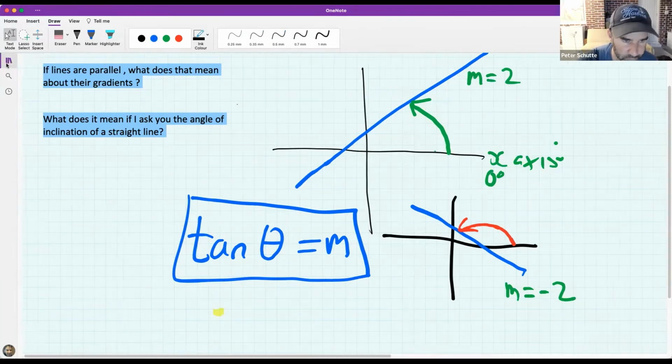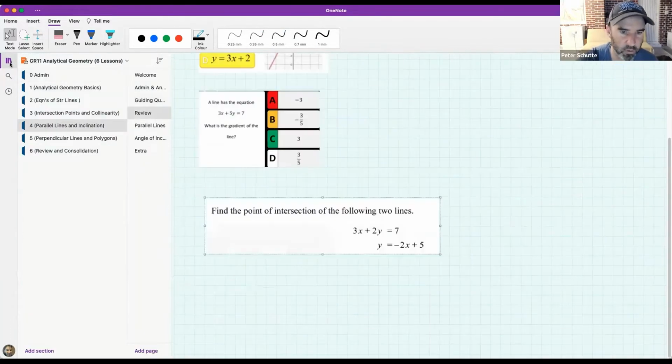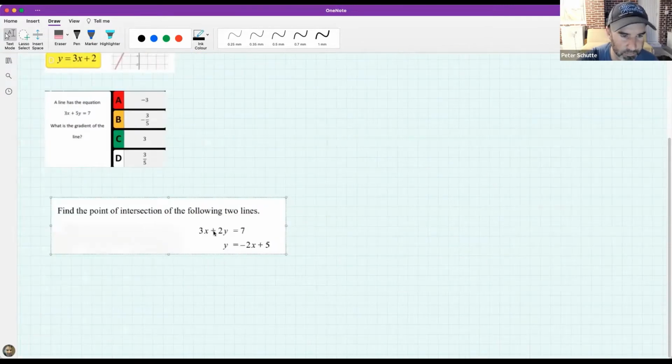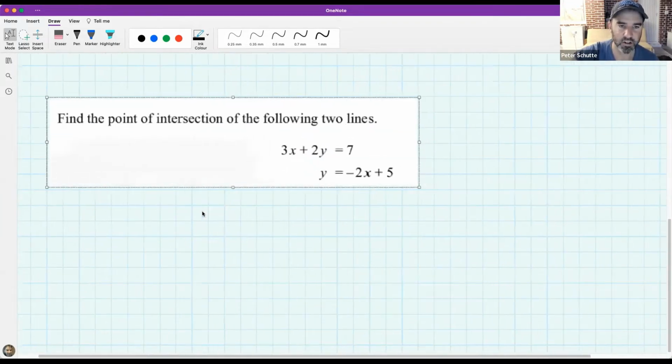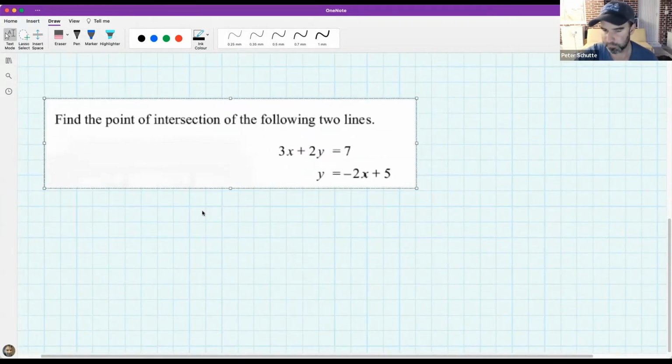But for now, what I want to do is practice something from the end of the last lesson. In the last lesson, I taught you how to find intersection points of two straight lines. And for those who are able, I would like you to try and find the intersection point of these two straight lines.